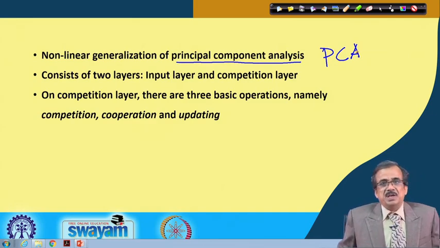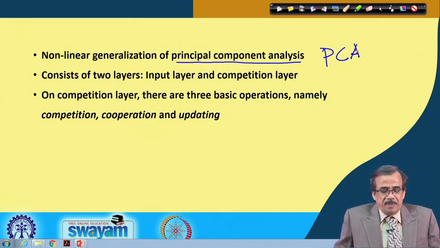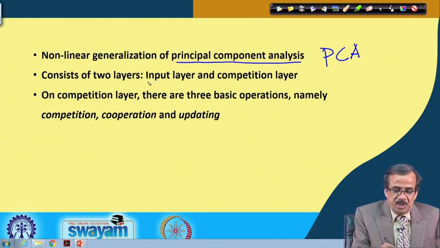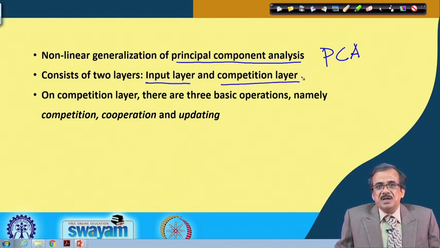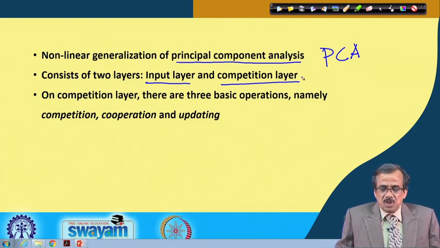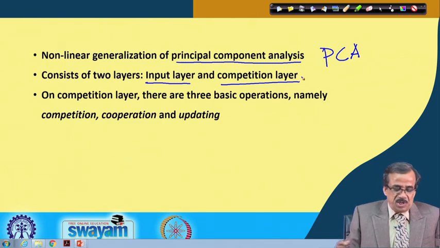Now, here if you see, this self organizing map consists of two layers. For example, say we have got the input layer and the competition layer. So, this is nothing but a two layer network, and on this particular competition layer actually there will be three basic operations, and those operations we are going to discuss in details.